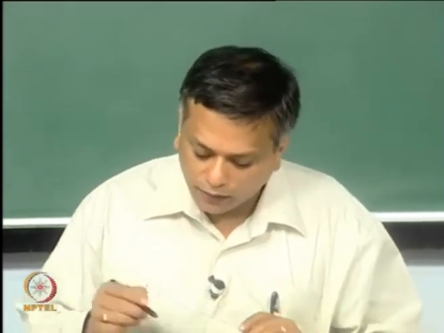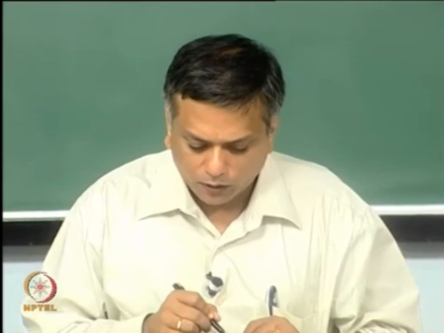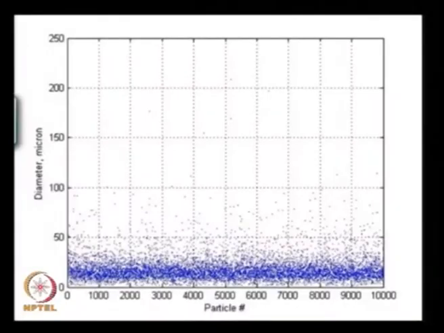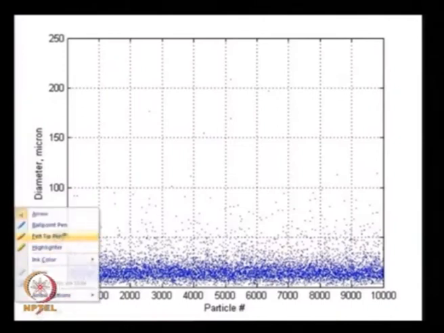So, let us look at some real experimental data to see what this actually means. This is data that was obtained using an instrument.